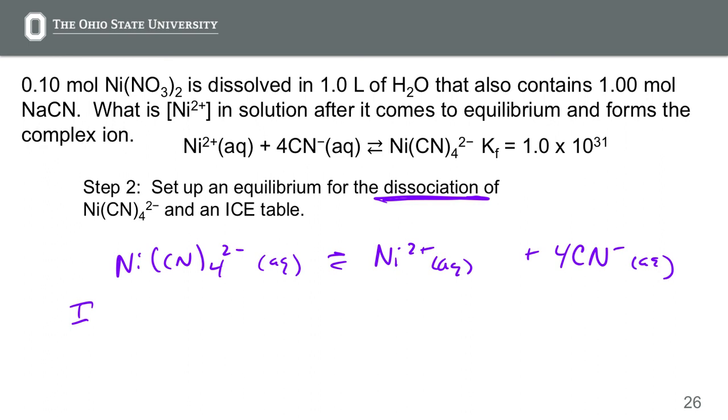We have moles on our last table. Everything's in 1 liter of solution, so we can easily convert that to moles per liter. So we're going to start with our 0.1 moles per liter of the complex ion, 0 moles per liter of the nickel, and 0.6 moles per liter of the CN minus. That's all coming from that last line of the BCA table divided by 1 to make moles per liter.